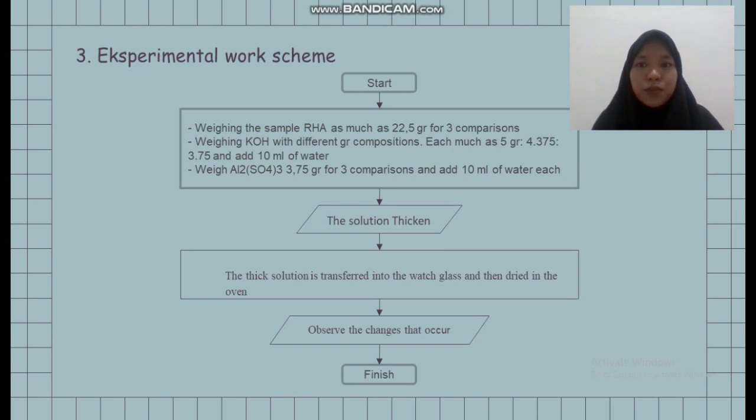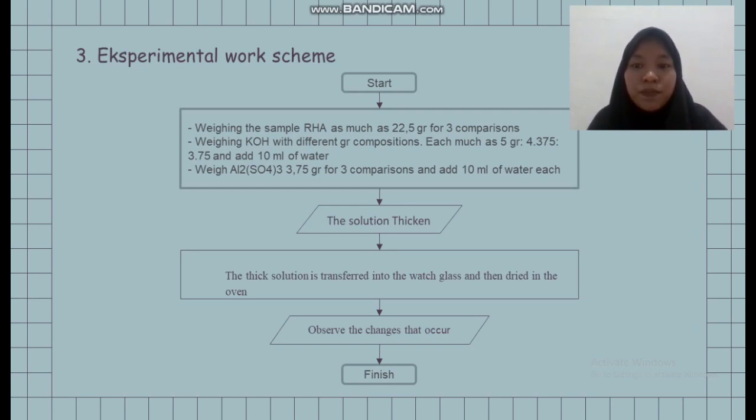The next is the experimental work. At the start, weigh the RHA sample as much as 22.5 grams for 3 comparisons. Weigh KOH with different gram compositions: 5 grams, 4.375 grams, and 3.75 grams, and add 10 ml of water.